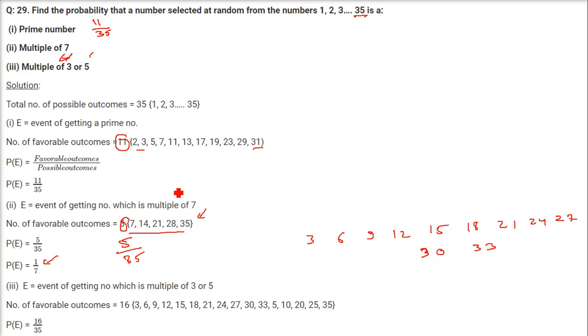This is 33. Now let us compute the table of 5. 5 ones are 5, then 10, 15, 20, 25, 30.